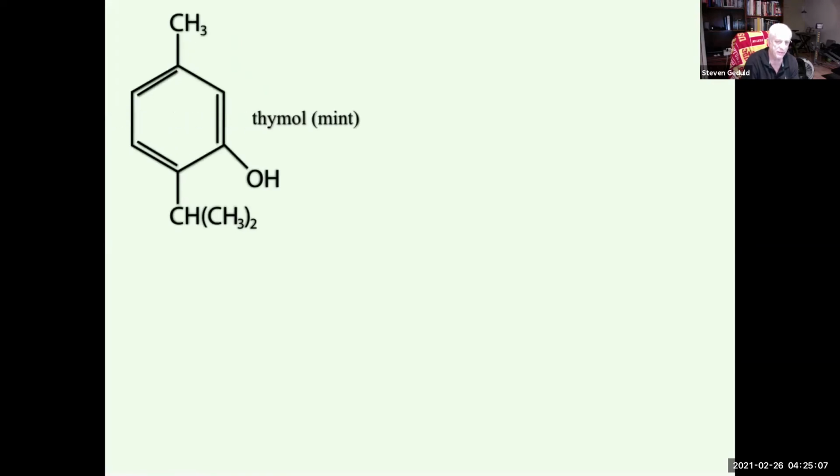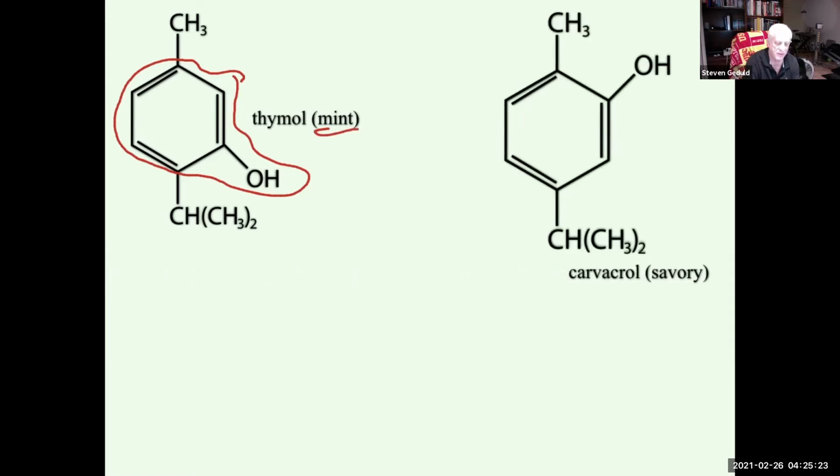Okay, the flavor of mint is thymol. Here's your phenol compound. You add a methyl group and an isopropyl group, and that gives you the mint flavor, thymol. Okay, savory salt, carvacrol. Here's your phenol group.